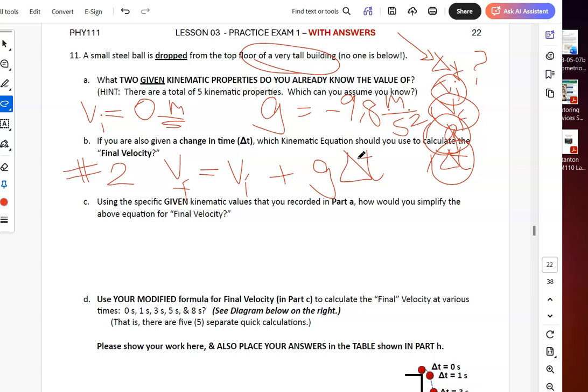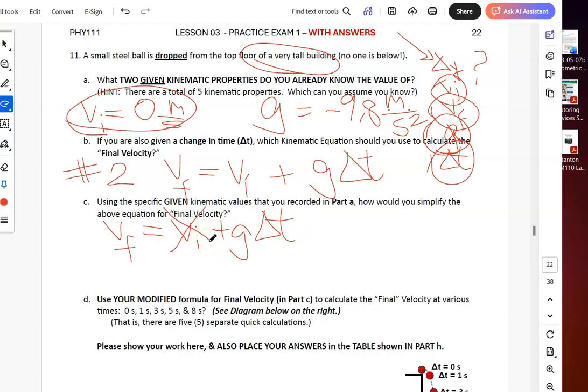Part C, using the specific given values that you recorded in Part A, how would you simplify the above equation for the final velocity? Well, we know the initial velocity is 0. So the initial velocity term will just be canceled. Just cross that out.